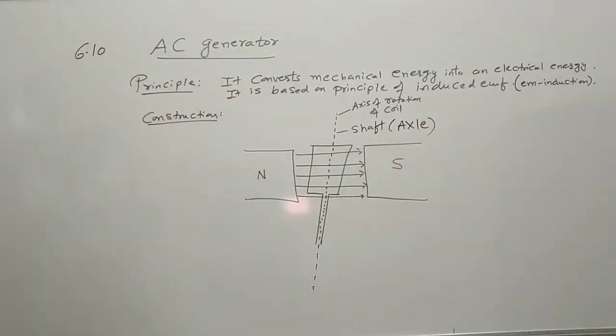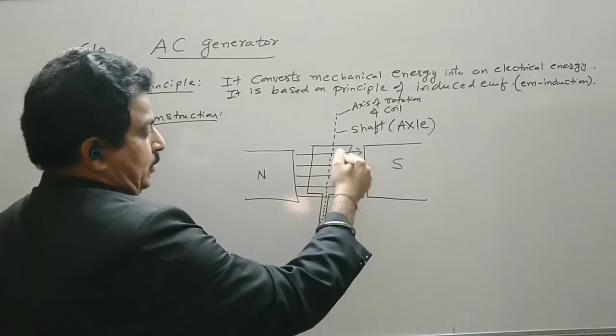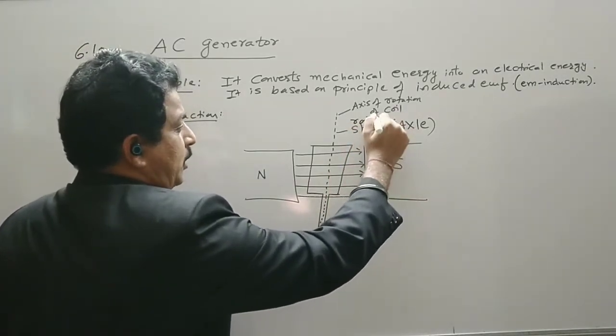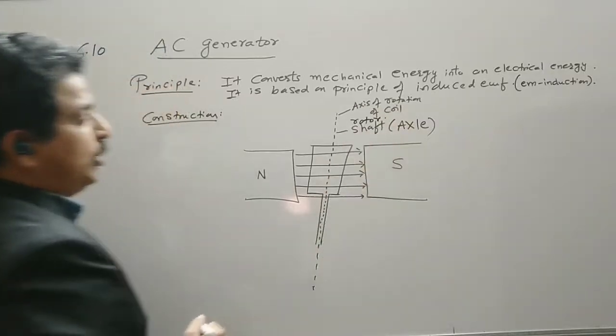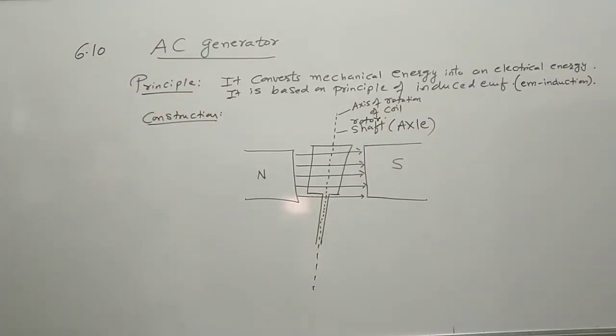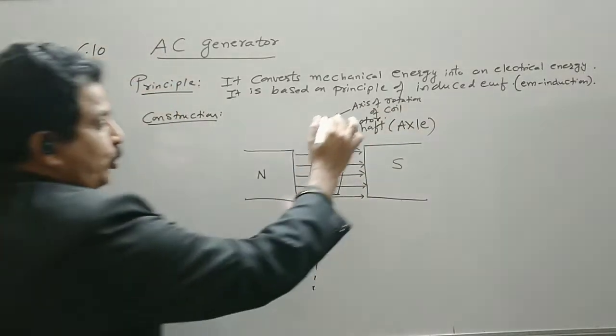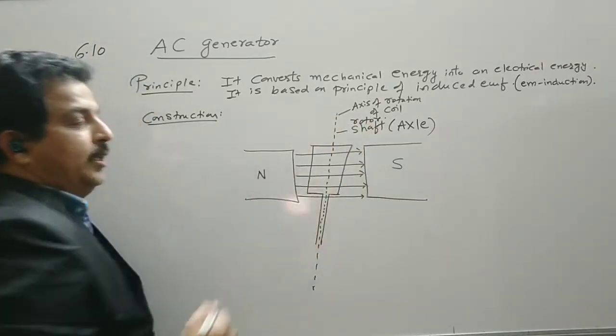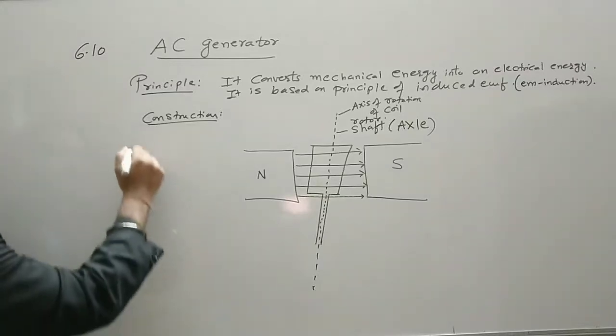So this rectangular coil is mounted on a motor shaft, or you can say an axle. Sorry, it is called a rotor shaft, not a motor shaft. It is a rotor shaft, which is the axle. This axis of rotation is perpendicular to the magnetic field.